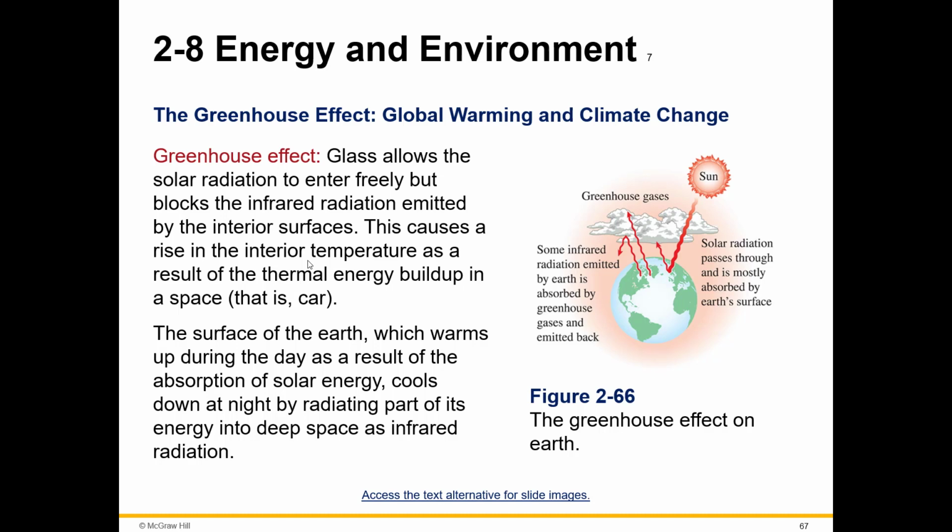It means glass allows the solar radiation to enter freely, but blocks the infrared radiation emitted by the interior surfaces. So this causes a rise in the interior temperature as a result of the thermal energy buildup in a space or a car.